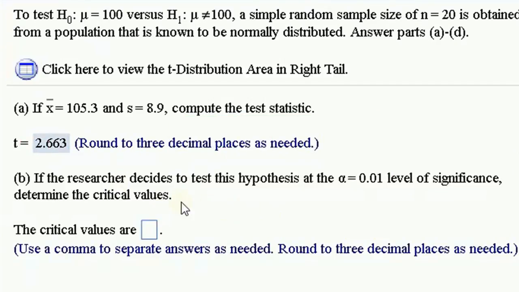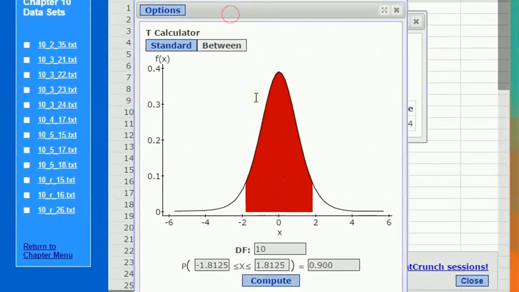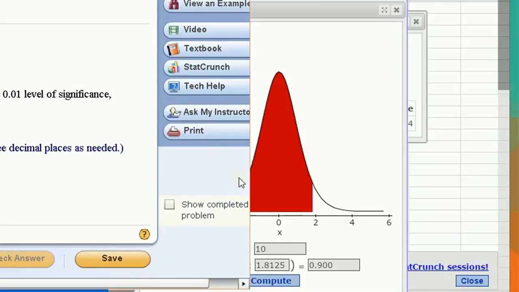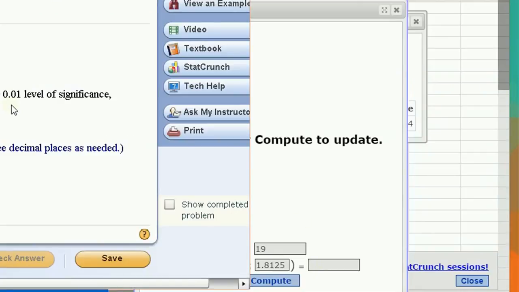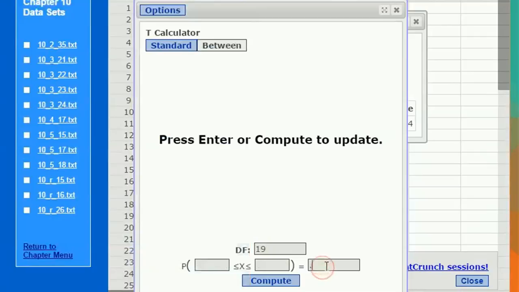And now let's see, what would a critical value be with an alpha level of 0.01? Remember what we just did? We want to find the cutoffs for a sample size of 20, as in this problem. We would have 19 degrees of freedom. We're going to have at alpha level of 0.01, that means we're going to have a probability of 0.99 in between.